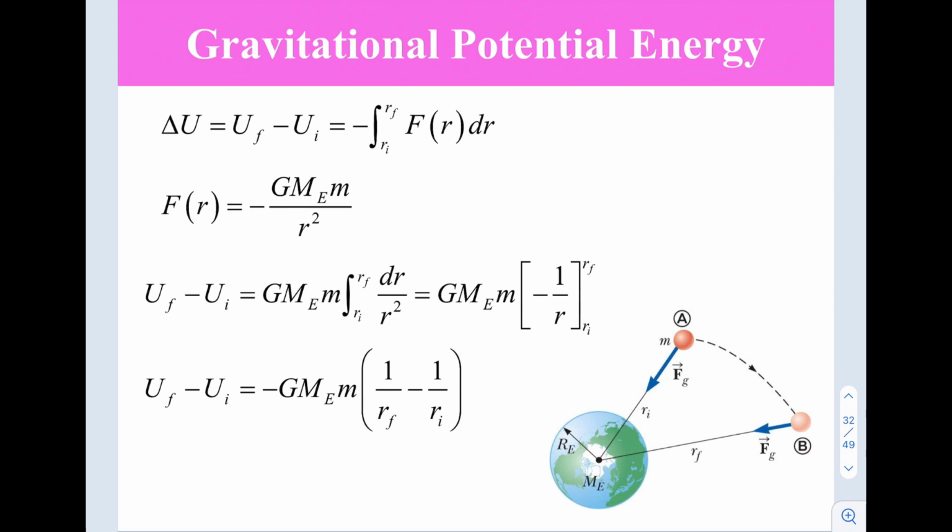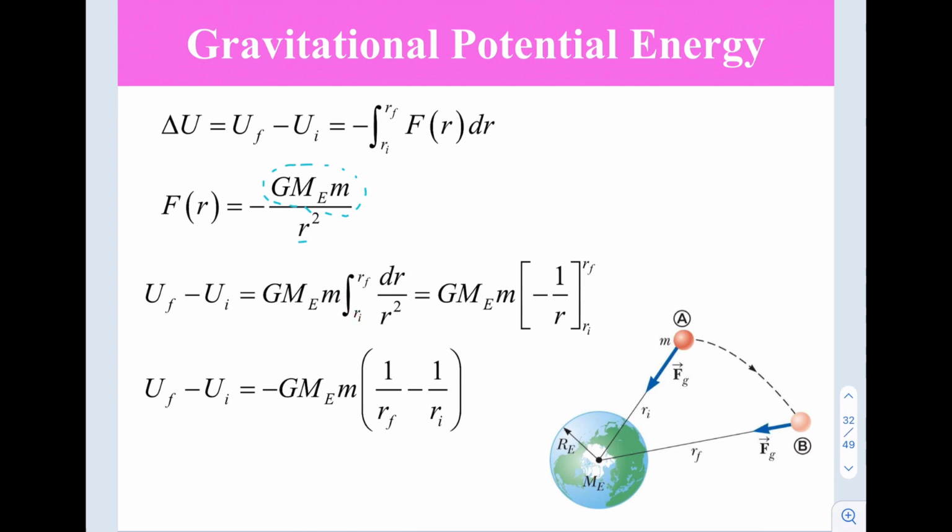So delta U, or U final minus U initial, must be G m of the Earth, m of the object, integral of dr over r squared, because G, m of the Earth and m of the object are constant. The one that keeps changing is r, which is why we factor out G M_E m in front of the integral.